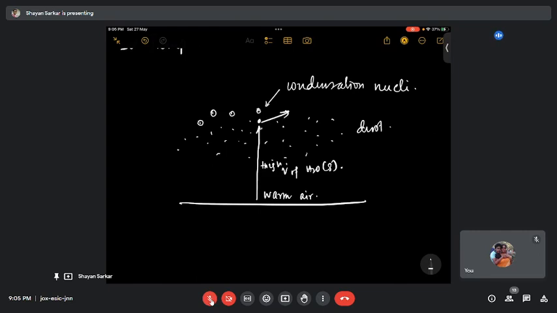Okay, and if air is chilled, then molecules will move very slowly. And they get the opportunity to capture the surface of these dust particles. Okay, clear?